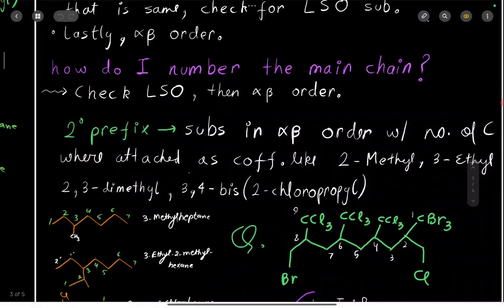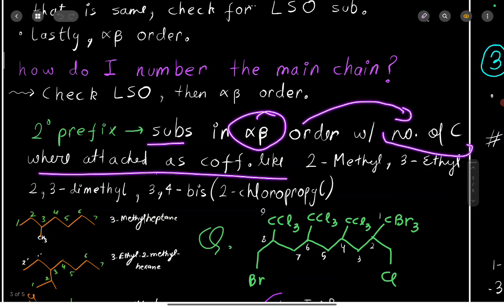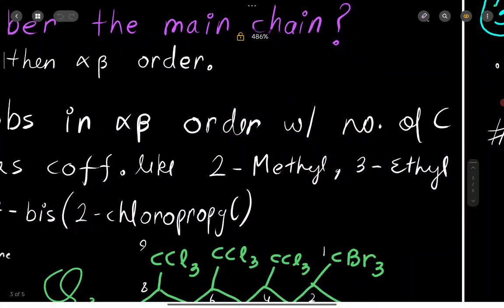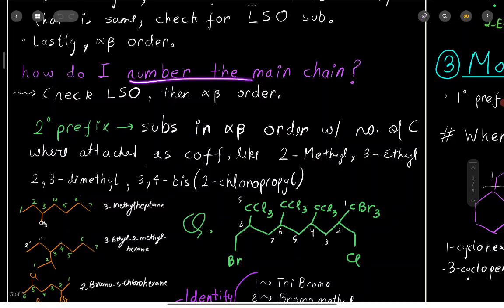Now once I have selected the parent chain, how do I start writing? Well, first look for the prefix. Write the substituents in alphabetical order with their number of position as the coefficient, like 2-methyl, 3-ethyl. We already talked about this before. This means at second position, second means you have done numbering. So you have written 1, 2, 3 and so on.